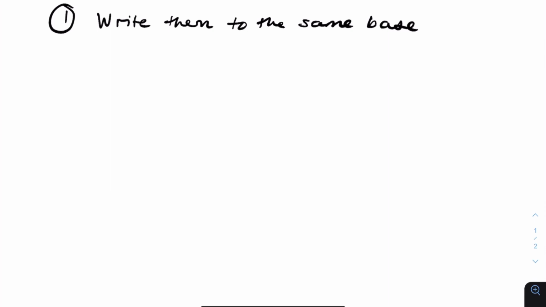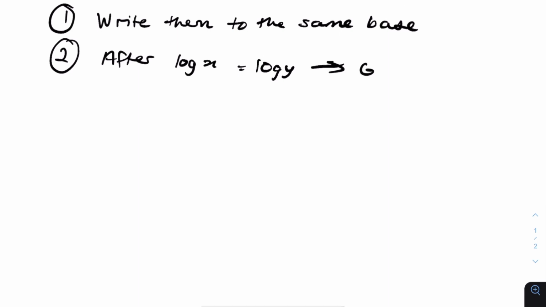And after you have log x equals log y, where x and y are whatever terms you've collected, get rid of logs. This is important because logarithms with variables can make them very complicated. Just try and set it up in a way you can make it a linear or quadratic term that is easier to factor and get the solutions of.